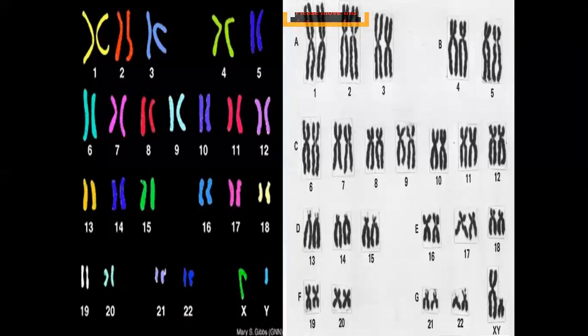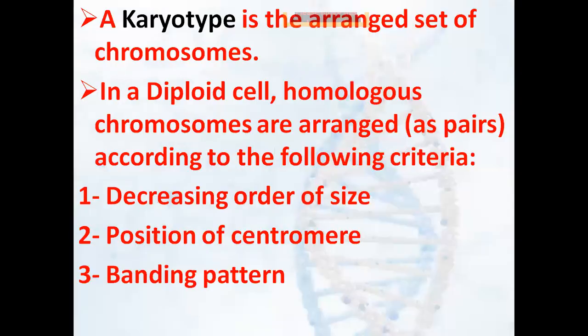And if you remember when we talked about diploid and haploid, we're going to go back to this. In diploid cells, we have two copies of each chromosome. So the chromosomes are arranged as pairs. According to what? First, according to the decreasing order of size, from the bigger to the smaller.